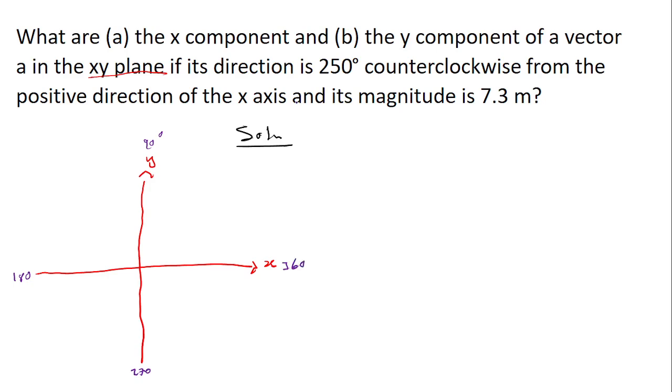So according to the information we have been given, where the vector is 250 degrees, we need to understand that we are dealing with a vector which is in the third quadrant. This is the vector in the third quadrant, and its direction has been stated to be 250 degrees.